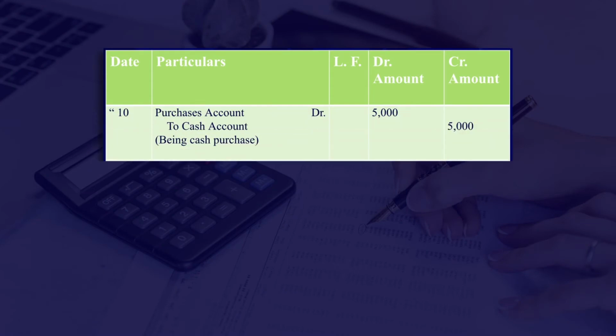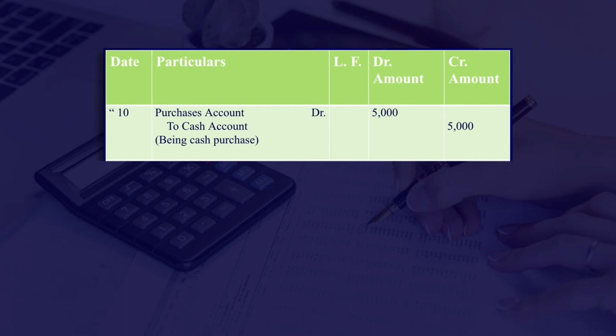Next journal entry, purchases account debit to cash. So, we will find 5,000 rupees in the debit side of purchases account and 5,000 rupees in the credit side of cash account. So, we can check it, yes, 5,000 rupees, purchases. Here instead of furniture it must be purchase. So, it is a typing error.